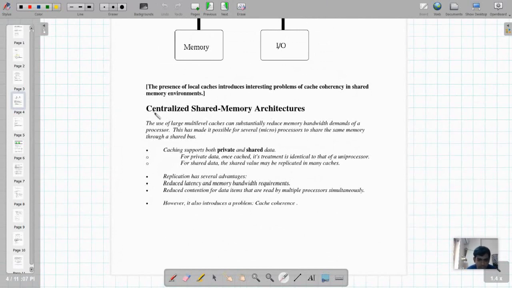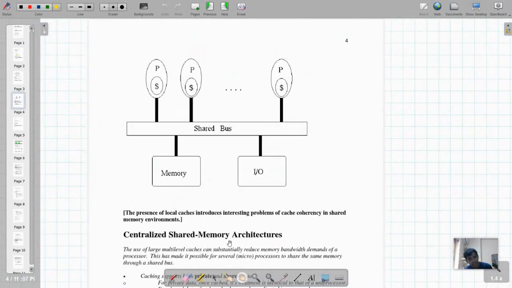Just first look into the statement. The use of large multi-level caches can substantially reduce memory bandwidth demand of a processor. Why memory bandwidth demand? If the CPU has no local caches attached to them, then what will happen?